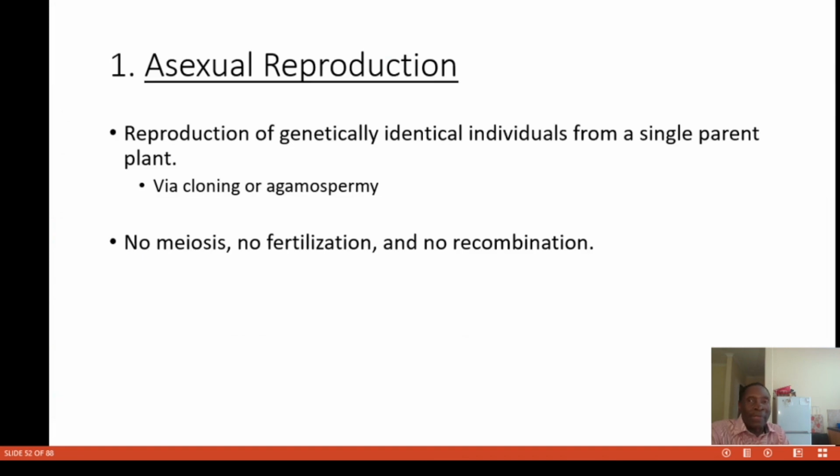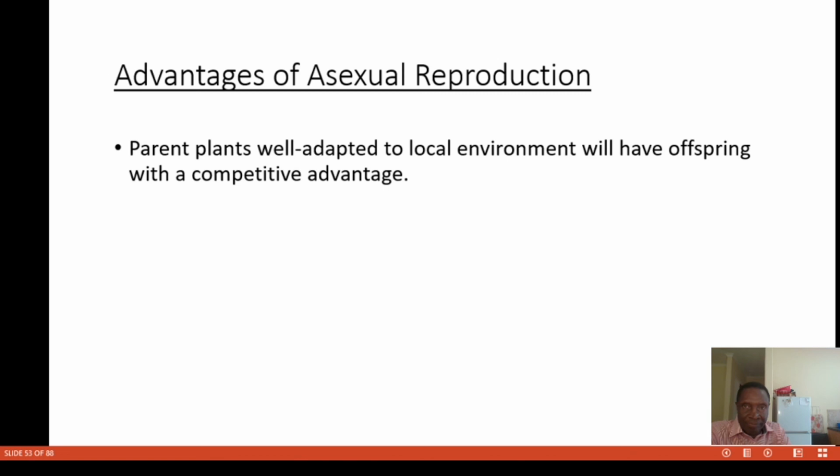We do not want to belabor the issue of the asexual reproduction, but we have quite some distinctions, as you can see in the second bullet. And we have, of course, the advantages, because here we have the same materials, more or less the clones appearing every time.